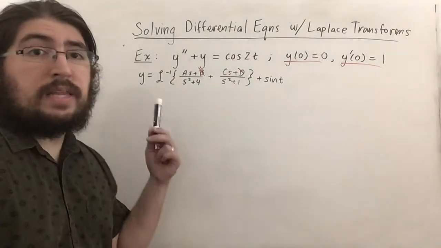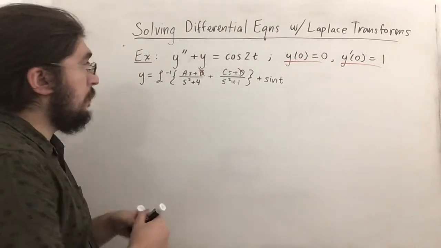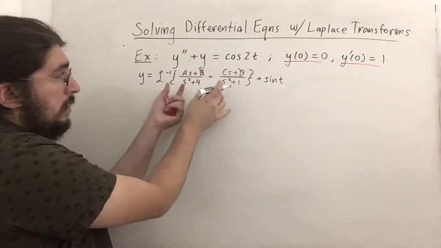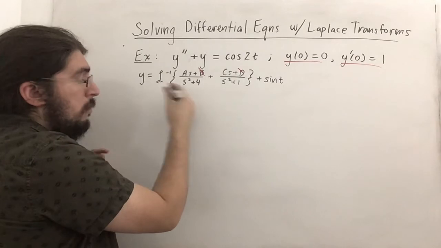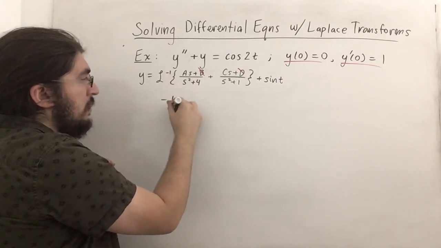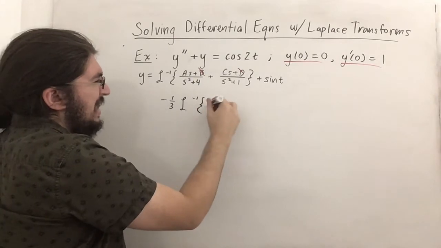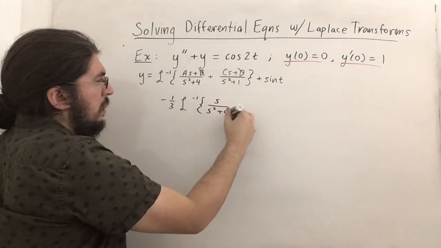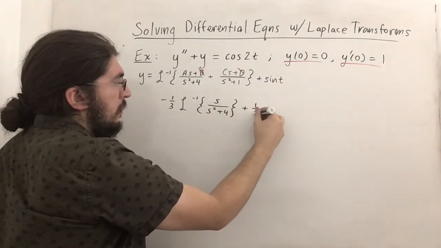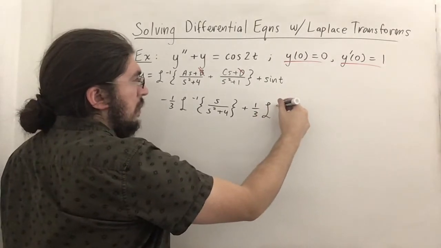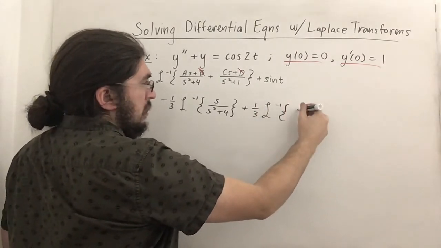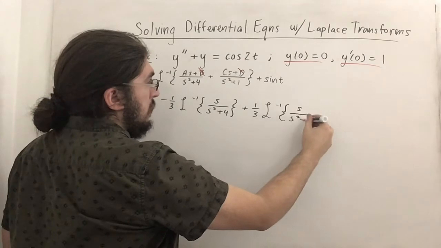All right, so we discovered that a is negative 1/3 and c is positive 1/3. So if we split Laplace inverse into each of these and pull the 1/3 out, we have negative 1/3 outside of this one, Laplace inverse of s over s squared plus 4. And then here we have plus 1/3 Laplace inverse of, well, I guess it's also s over s squared plus 1 now.